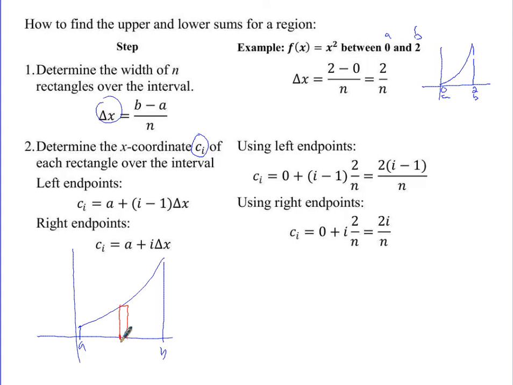Okay? So that when I plug in that x-coordinate, I get the height of the function. So I need to know this distance right here, all the way back to the origin, including that distance right there, all the way over to this rectangle. What is that distance? No. The width of the rectangle is delta x. But how do I get there?